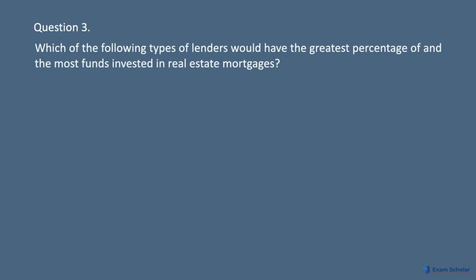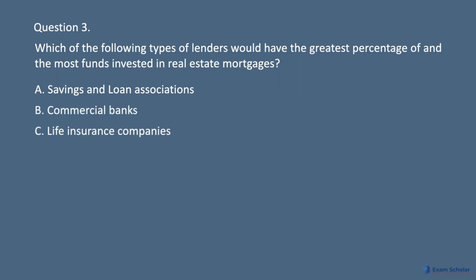Question 3. Which of the following types of lenders would have the greatest percentage of and the most funds invested in real estate mortgages? A. Savings and loan associations, B. Commercial banks, C. Life insurance companies, D. Mutual savings banks.